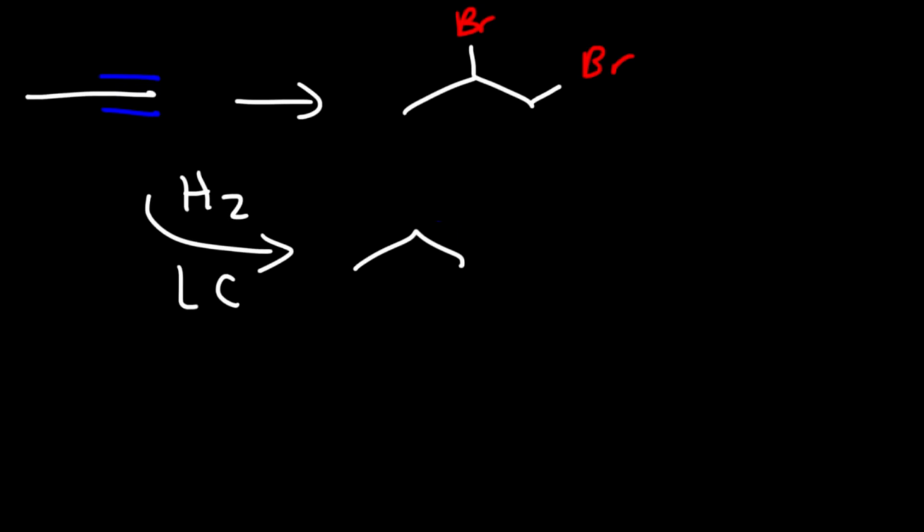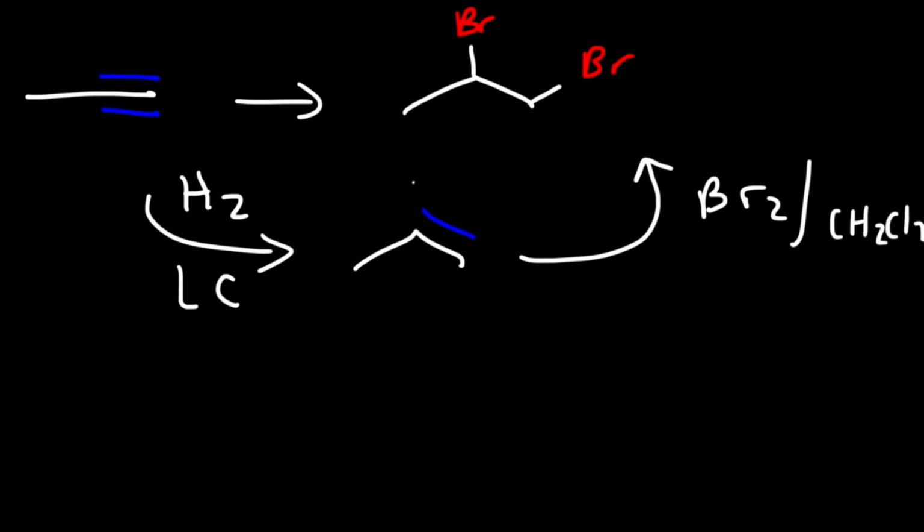Now typically we would get a cis alkene, but you can't have a cis alkene when the double bond's at the end of a chain. And then after that we can add just Br2 with dichloromethane. And so that's going to put the 2 bromine atoms across this double bond, giving us that answer.